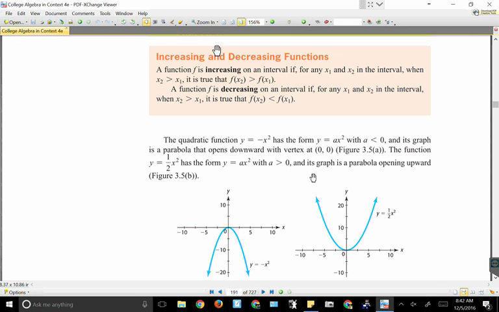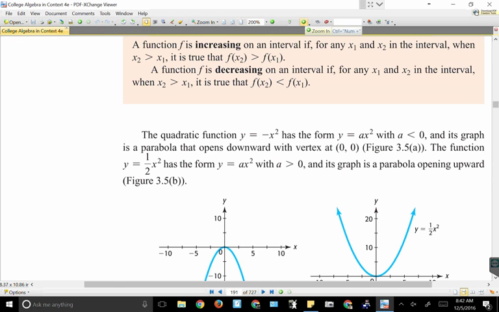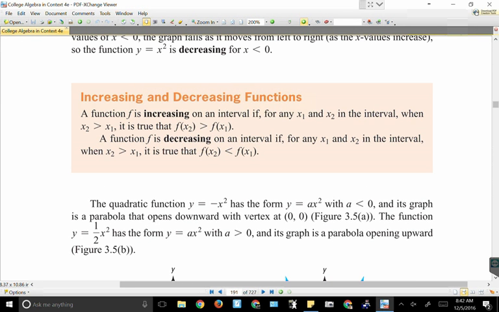A couple of things on this. They're either going to be increasing or decreasing. Now, this is kind of an obvious idea, but the way it's stated is a little different. You'll notice that it has f of x1 and f of x2. Well, x1 and x2 are just different numbers.